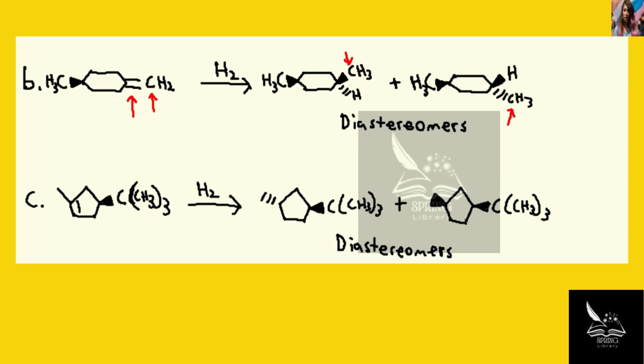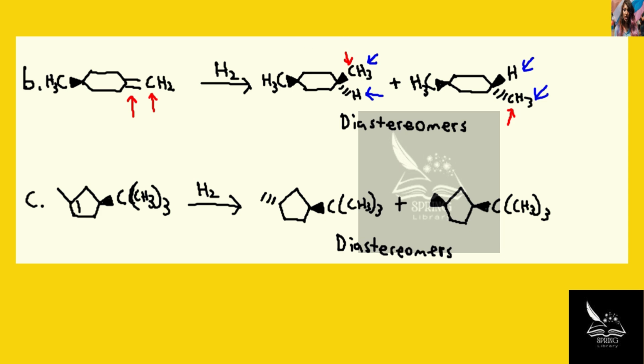And then again, just to show the protons that are added, one of these 3 is added by the hydrogenation. This one is added by the hydrogenation. And so again, it's this guy and one of the 3 here.